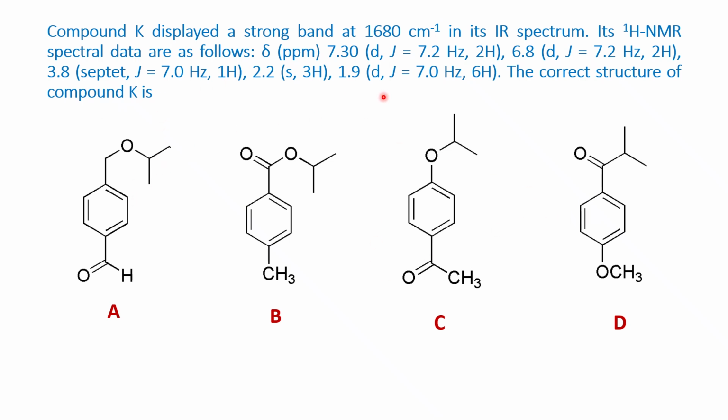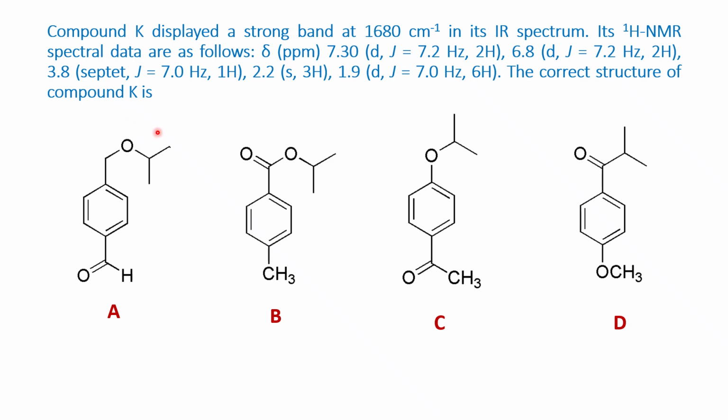So before we go into solving this particular question, let us see some background information about certain parameters pertaining to IR and NMR spectroscopy. While interpreting an organic molecule using an IR spectrum, you know that there are characteristic bands which describe certain functional groups. And we see in these four molecules, the carbonyl functional group is there, ester functional group is there, ether functional group is there.